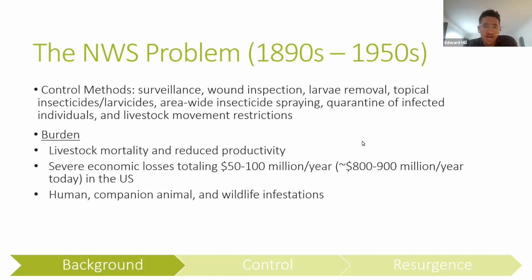And then tons of cattle died, humans were infested, pets, wildlife. It was a really big deal, and all these control methods like wound care were super labor intensive and cost a lot of money. So it was a big issue back then.